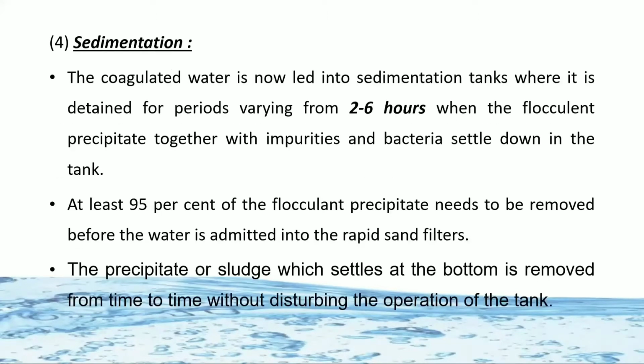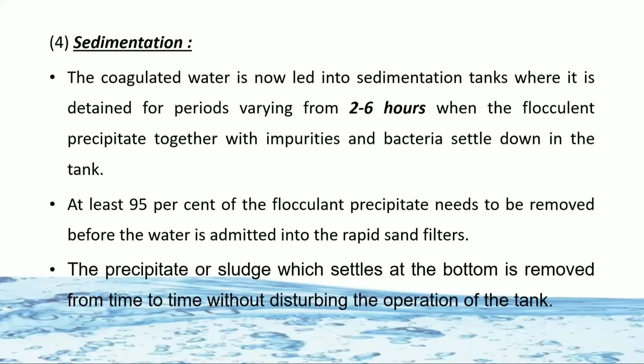Then after flocculation, there is the process of sedimentation. The coagulated water is now led into the sedimentation tank, where it is detained for periods varying from 2 to 6 hours. The flocculent precipitate together with impurities and bacteria settles down in the tank.